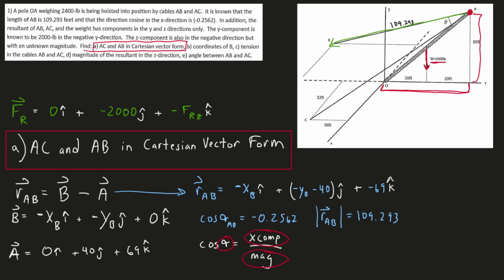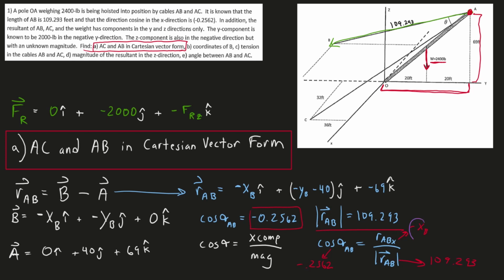So if we apply that to our case here, the cosine of alpha of this position vector will equal the x component of this position vector, which we've narrowed down to be this, so negative xb, over the length of this position vector, which we know, at 109, and actually, we already know what this is equal to. That's equal to this negative 0.2562.